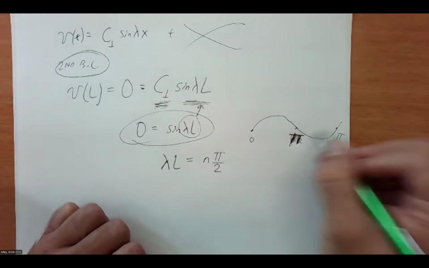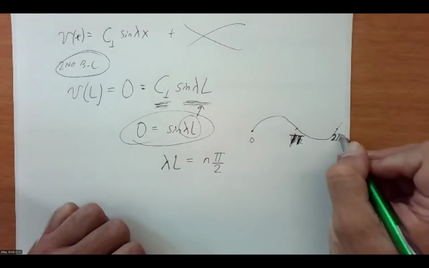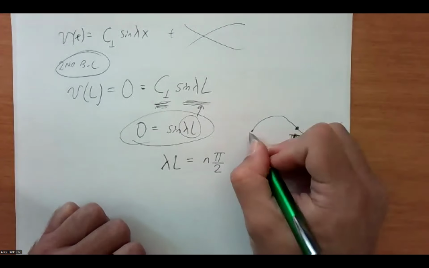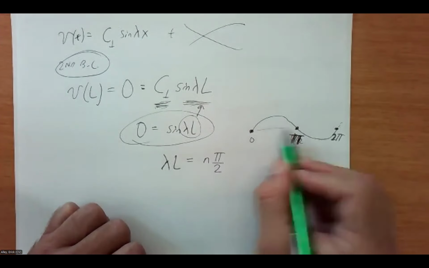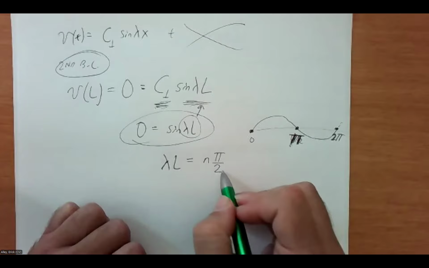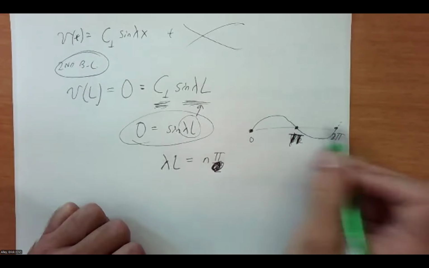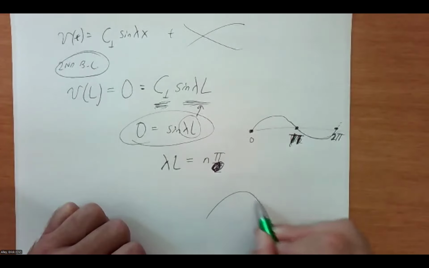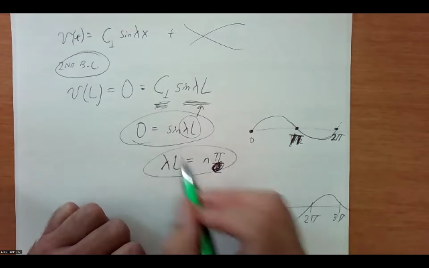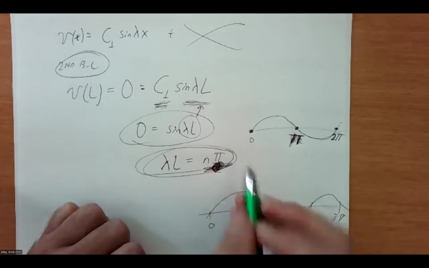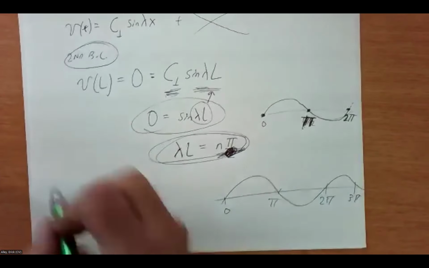I see you guys are catching me at the end of the day. That's good because I slip a little bit too at this hour. 2 pi for a whole period, right? So some multiple of pi, our sine curve always passes through 0. It goes back and forth at 0, at pi, at 2 pi, at 3 pi, etc. Okay. So lambda L needs to equal some multiple of pi.